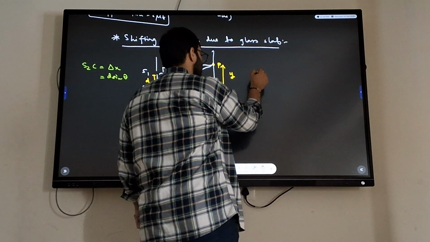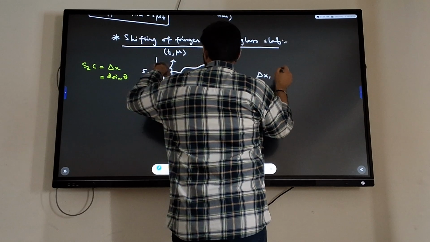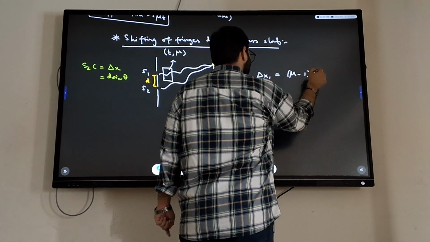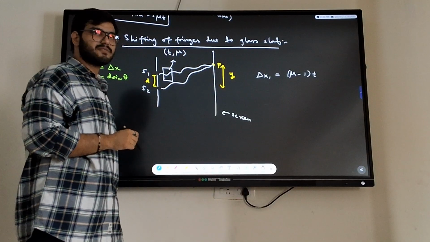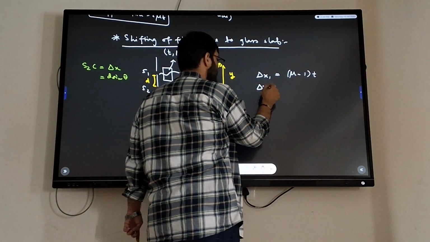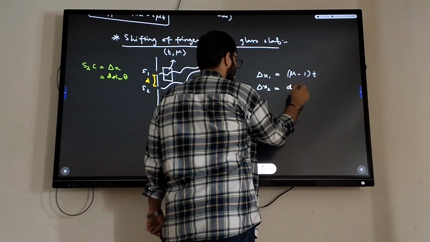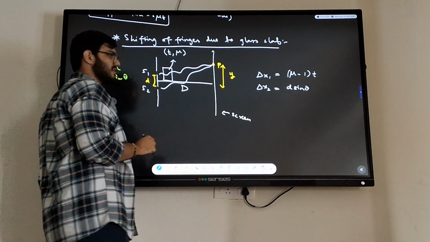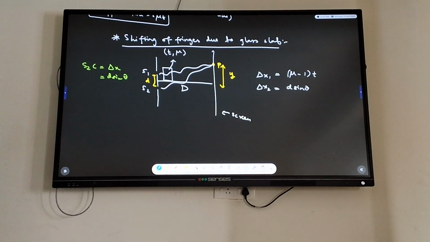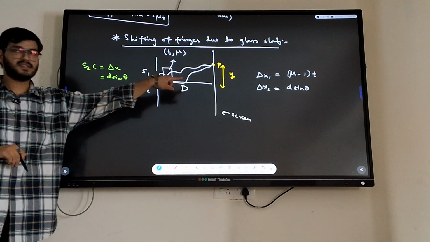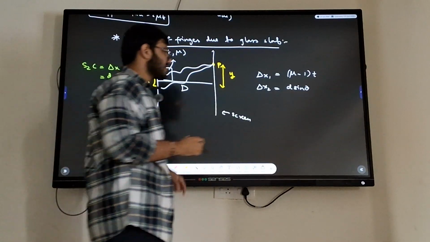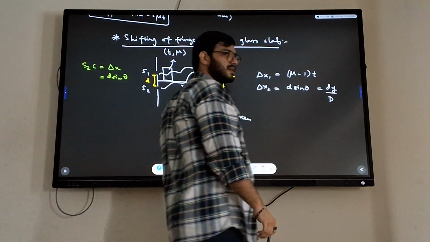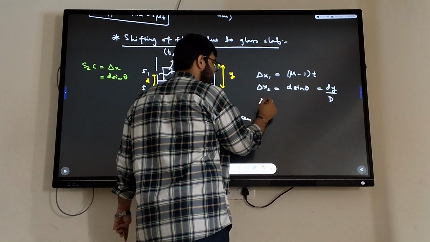So what should I find the path difference to be? First let me find the path difference due to the slab, delta x1. That's mu minus 1 into t, na? We have already found that out. And what about delta x2? That's d sine theta. And if you remember, sine theta can be approximated to tan theta, and tan theta from this big triangle is y by D. So that's small d y by D. And what will be the final path difference?